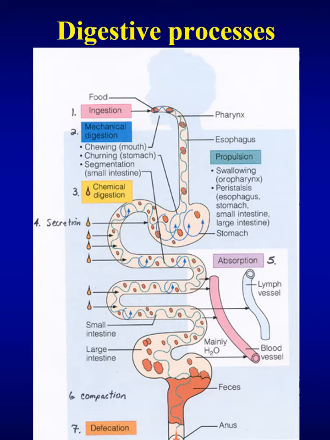The next step that we have is secretion, which is the process of producing and releasing mucin or fluids such as acid, bile, and different enzymes of the digestive system. These help to facilitate chemical digestion and the passage of materials through the GI tract.